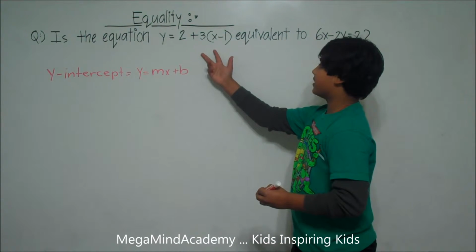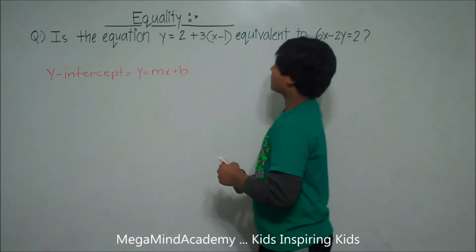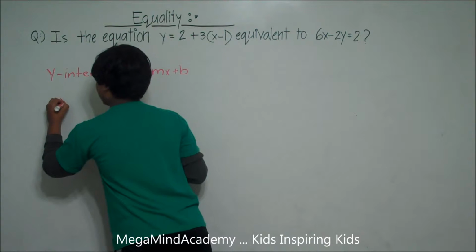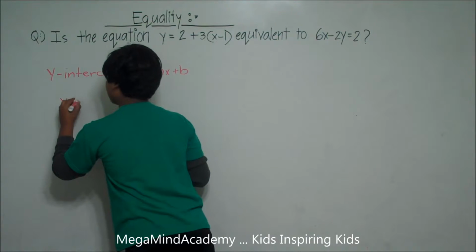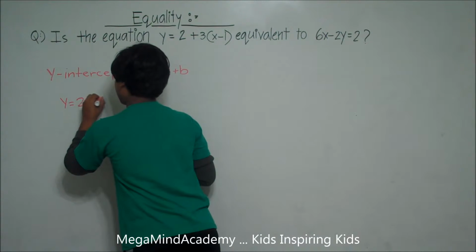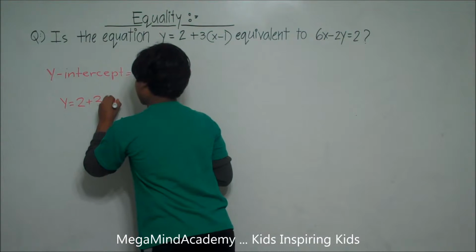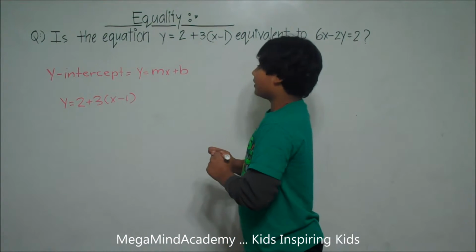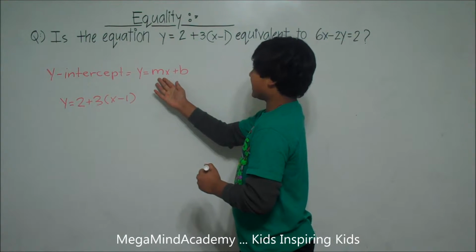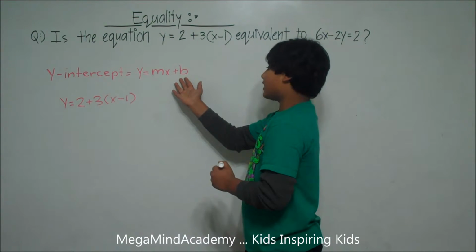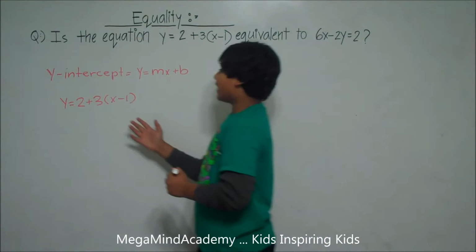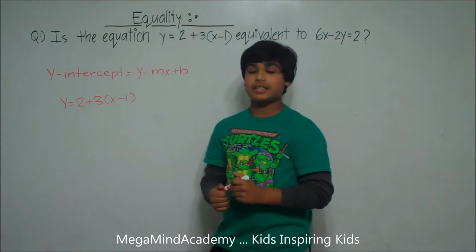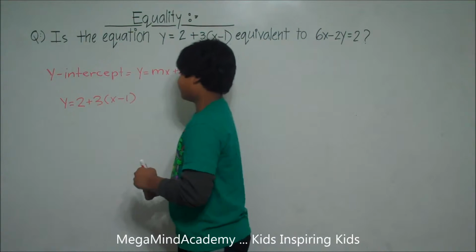Let's first use this equation: y equals 2 plus 3 into brackets x minus 1. Now, in order to simplify this into intercept form, we use the distributive property.